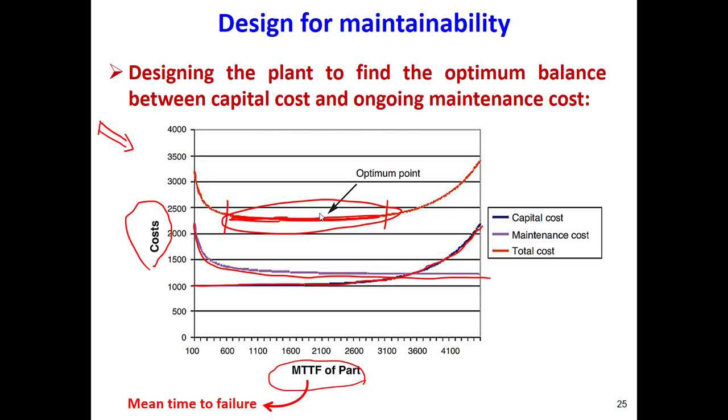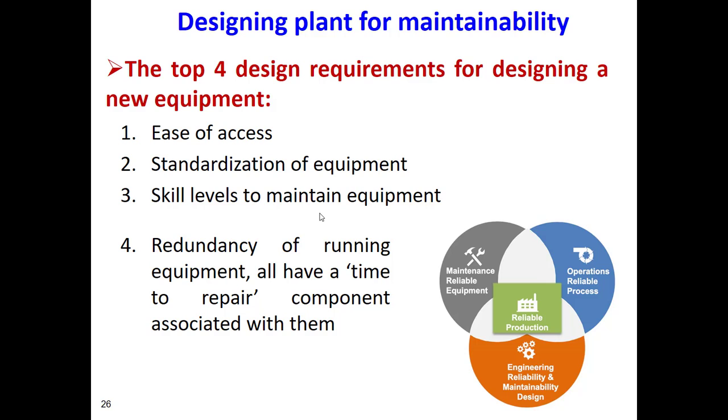Outside of this range, you can see that the total cost will be more. So we usually have such a curve, such a graph, as a tool for the maintenance job, evaluating the maintenance and the cost of the equipment.